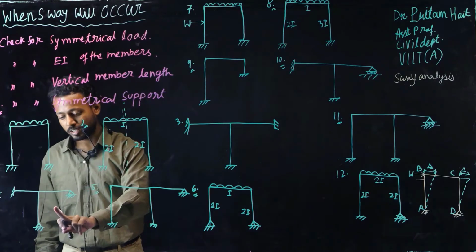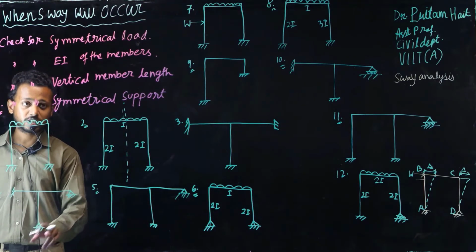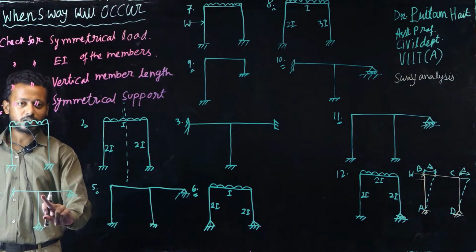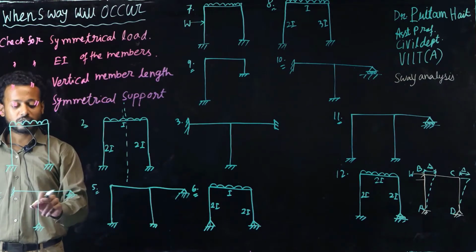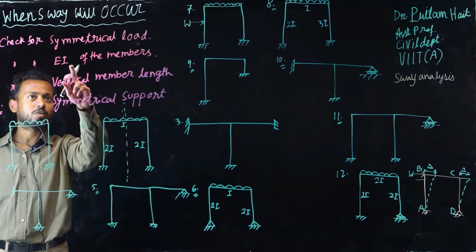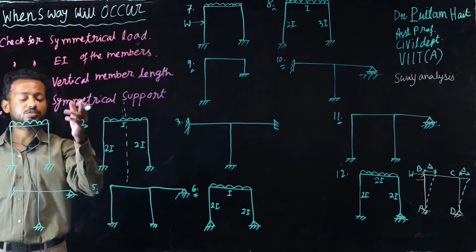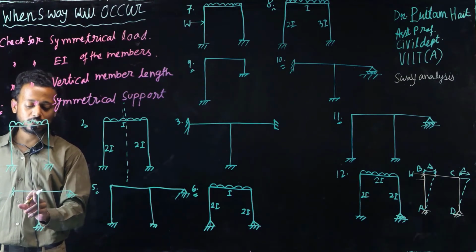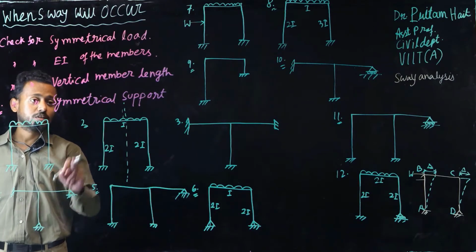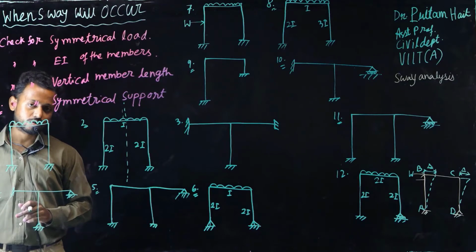Fourth example: here the support condition is not symmetric, there is only one length, so there is no comparison. EI is not given, that means EI is uniform or symmetric. There is no load, so there is no comparison with the loading condition of the other beam. So symmetric support is not there, so will it sway or non-sway?